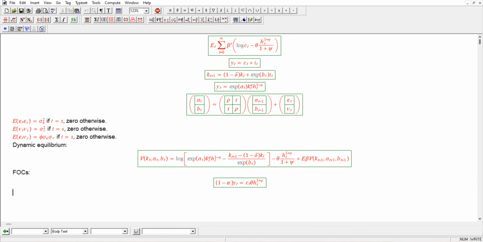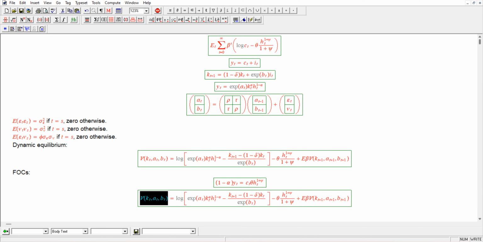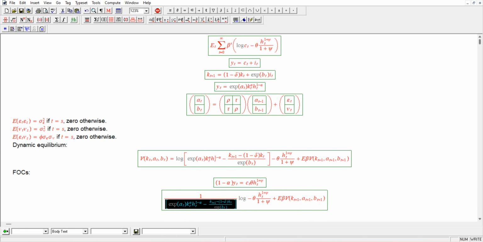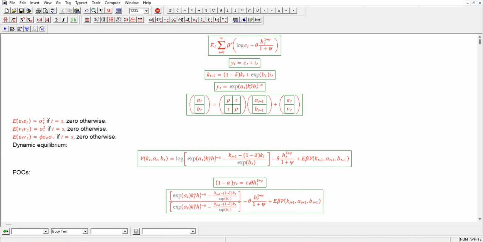Next, we're going to have to take the first order condition with respect to K t plus 1. That's going to be a bit more complicated. So, first of all, the derivative of log is the reciprocal, so we're going to have 1 over this expression. And then we have to figure out what's the derivative of this expression with respect to K t plus 1. There's nothing here. The only place where it shows up is in this fraction.